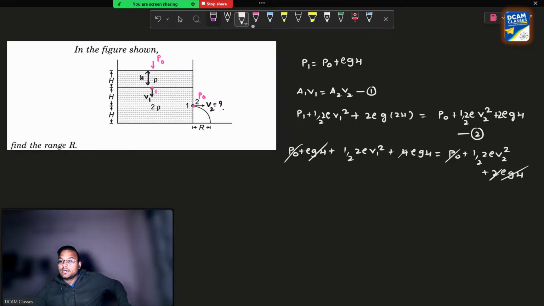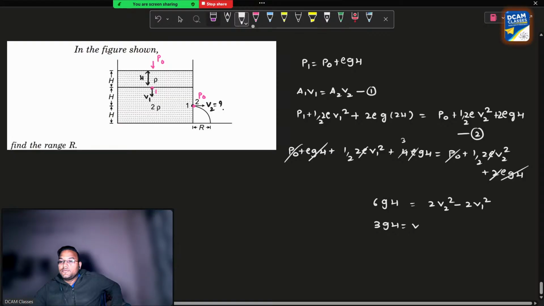Here you will get 3, so it will be 6. Rho, let me cancel. 6 GH is equal to 2 V2 square minus 2 V1 square. I should have cancelled them out. 3 GH is equal to V2 square minus V1 square.